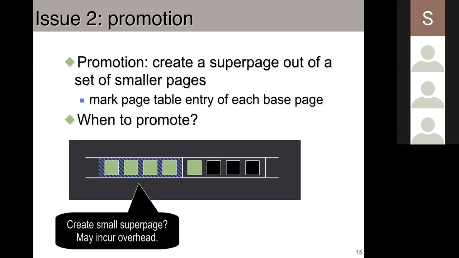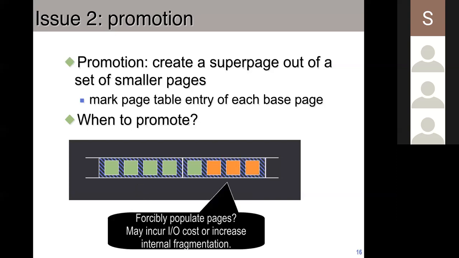And then when the other 3 base pages get accessed, we can promote this into a larger super page. In which case we might have this extra overhead of tearing down a smaller super page and creating a larger super page. Or you could bring in pages from elsewhere in memory and then forcibly populate these pages to create a super page. So there are trade-offs in each of these options.